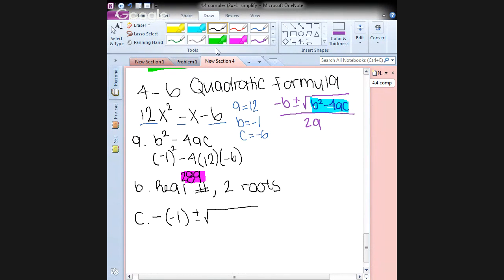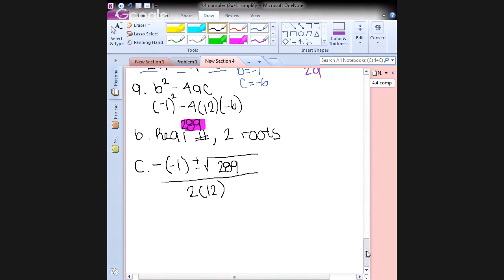I'm not going to do it twice. All of that over 2 times 12. I'm going to start simplifying. So negative times a -1 would just be +1, plus or minus.